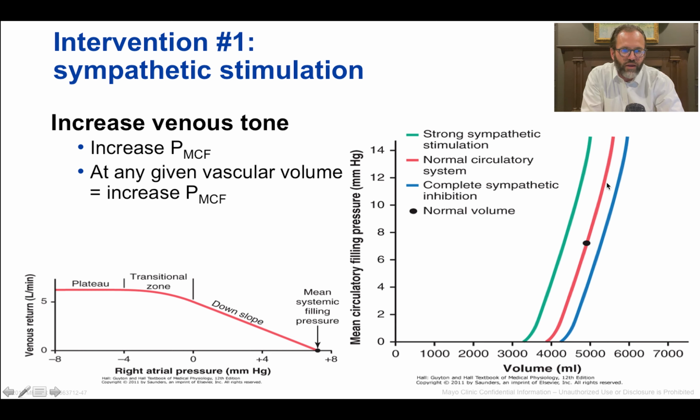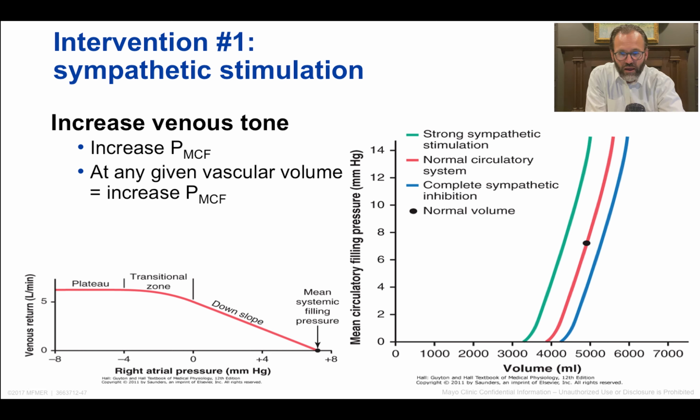Now, critically, if you take something like strong sympathetic stimulation, where that fight or flight system is brought into play, and you're trying to mobilize blood volume centrally, you can see here that at any given vascular volume with very strong sympathetic stimulation, you can have a tremendous increase in mean circulatory filling pressure.